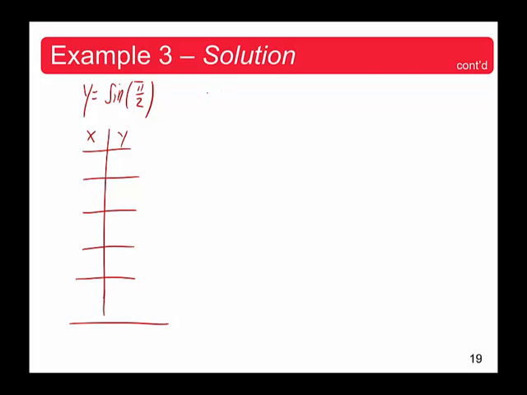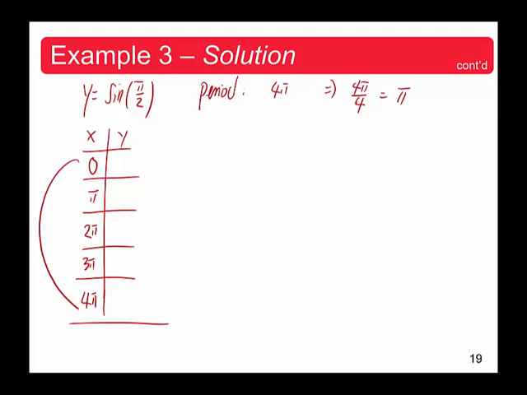So you divide the period by 4, you get an increment of pi. That means again you start with 0 and then add pi to the previous x coordinate to get the next x coordinate: pi, 2 pi, 3 pi and 4 pi. You see, then we get a complete period here. 4 pi minus 0, that's a complete period. Now we find the y value, y equal to sine of x over 2.